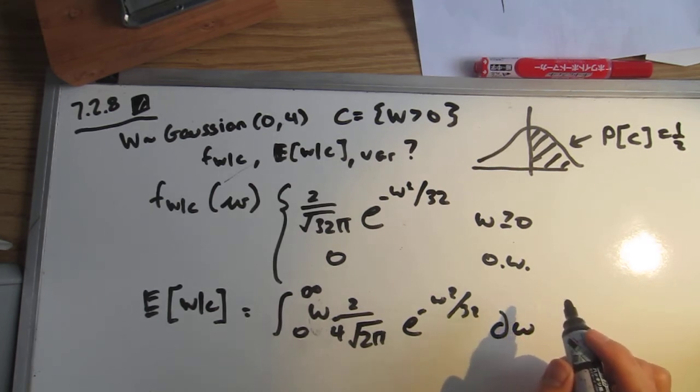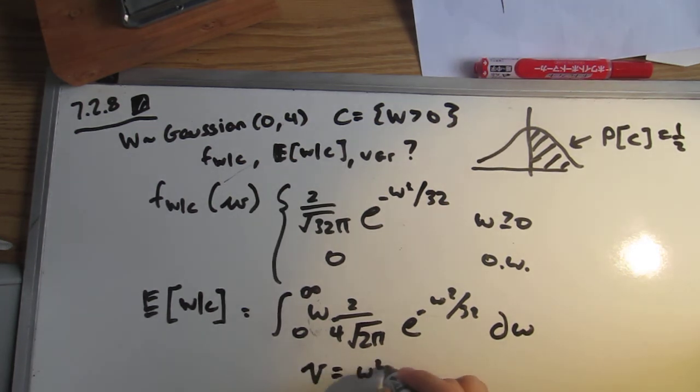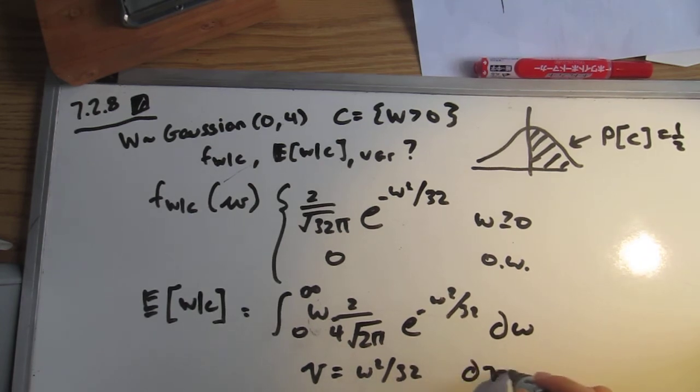So in this case, we need to perform a substitution. We can substitute v to be w squared over 32, and then our dv would be w over 16.